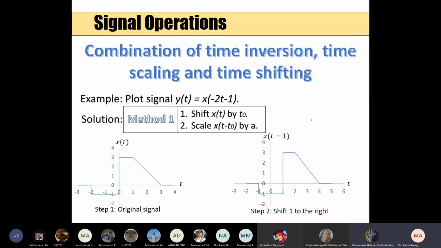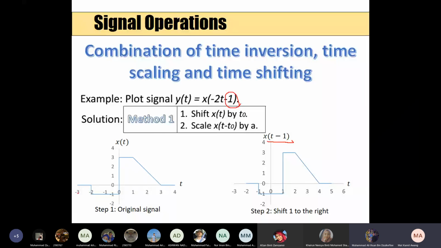So basically if you use method one, let's say that you need to plot the signal. This is the original signal. So you shift x of t by t naught. What is t naught here? Minus 1. So you plot x of t minus 1 first.